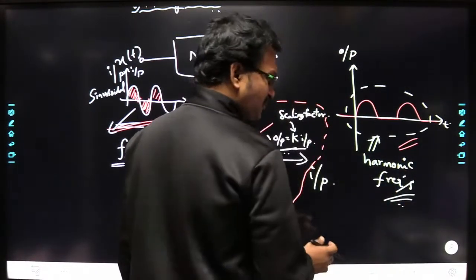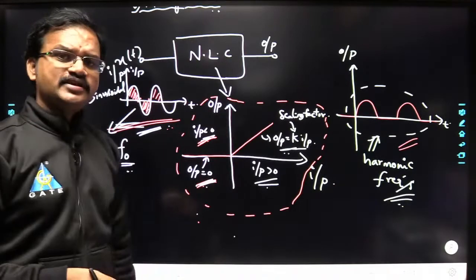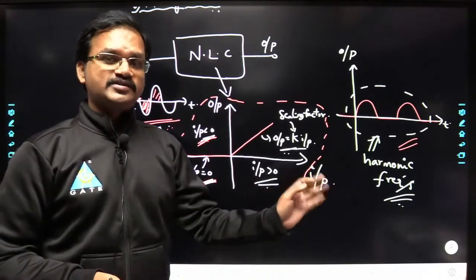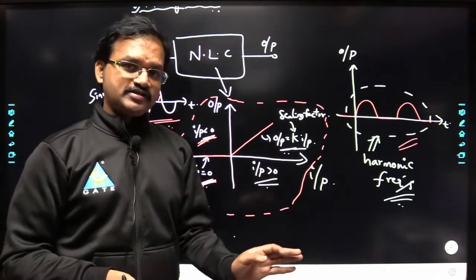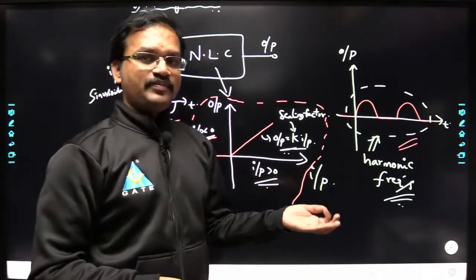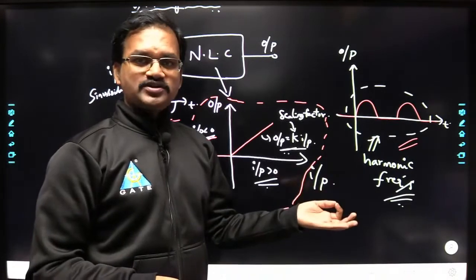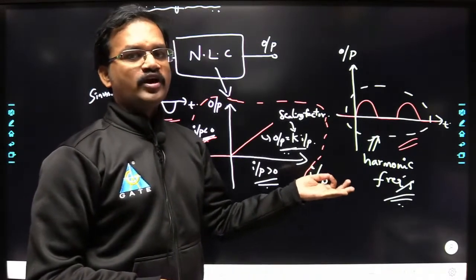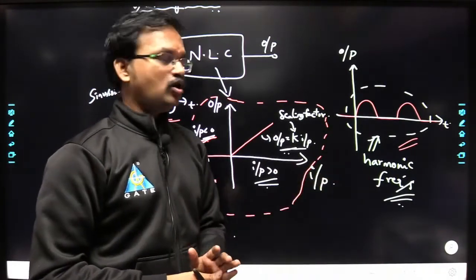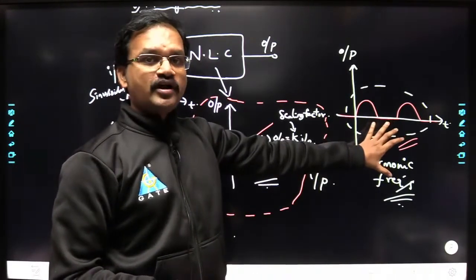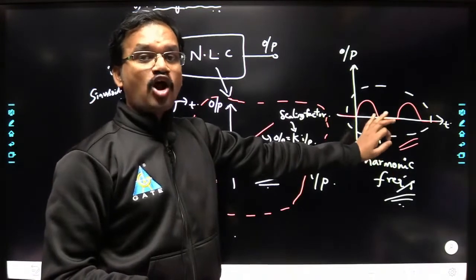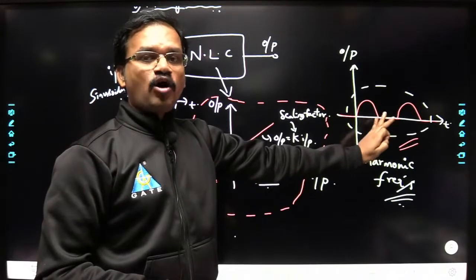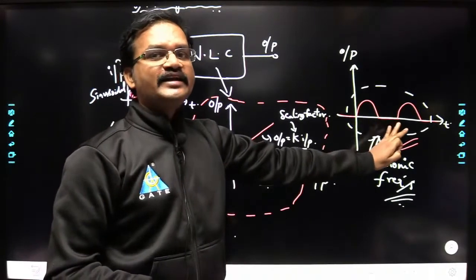You have studied in signals and systems that any non-sinusoidal periodic signal can be represented as a linear combination of harmonically related sinusoids. Yes or no? This output is a non-sinusoidal waveform, so it can be represented as a linear combination of harmonically related sinusoids.